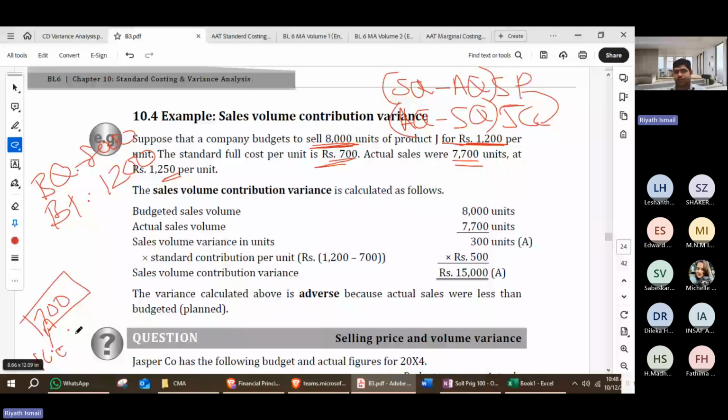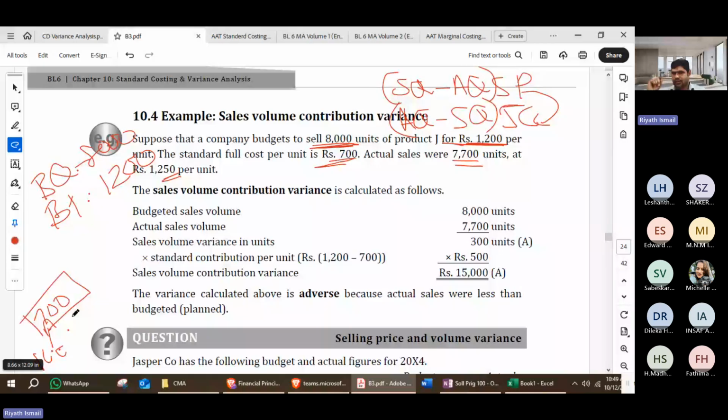We don't worry about actual contribution. We consider only the standard variable cost.